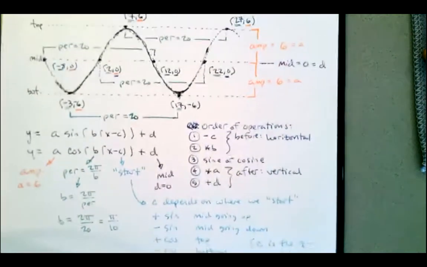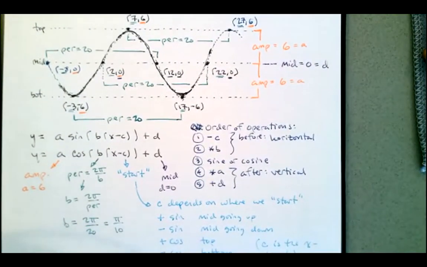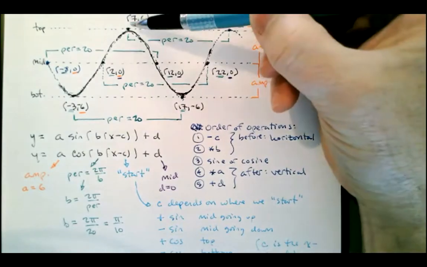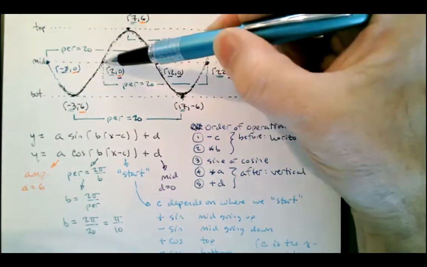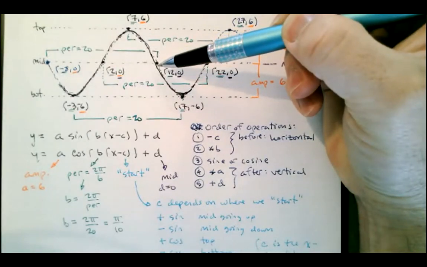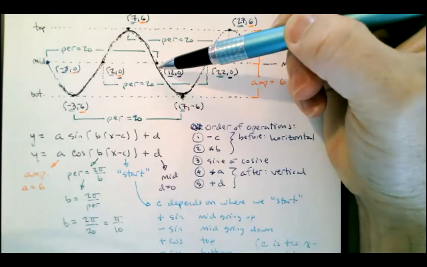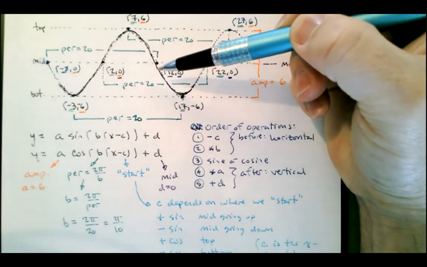So we can look at this graph as a positive cosine, a negative cosine, a positive sine, or a negative sine. Those are our choices. I'm going to start with a positive cosine. I'm just picking one. I have to pick one of the four.